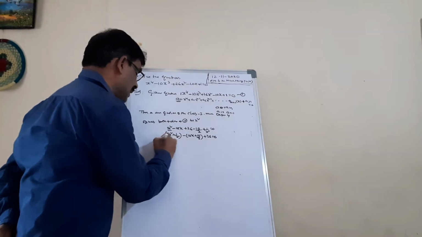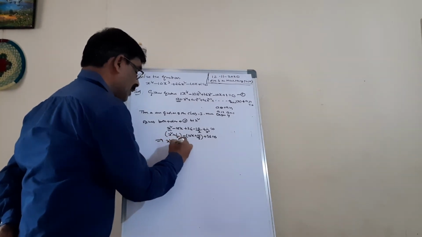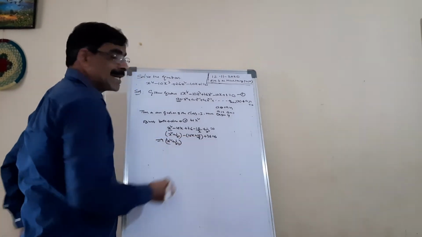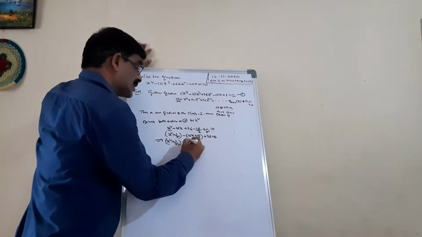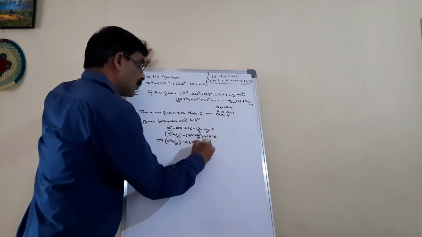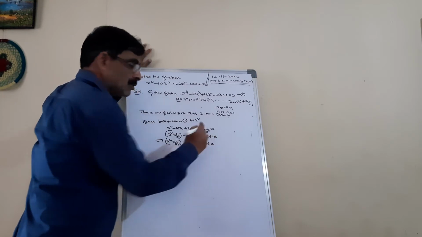So it implies x square plus 1 by x square minus 10 into x plus 1 by x plus 26 equal to 0.